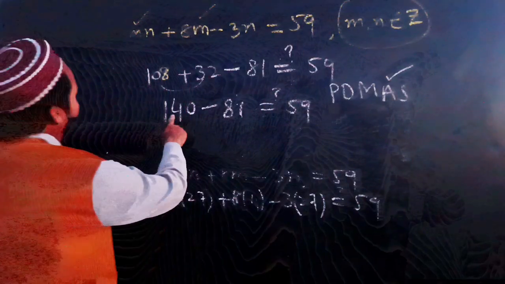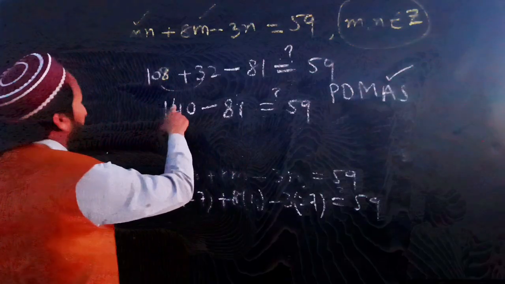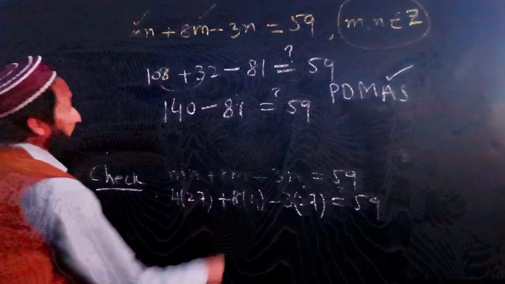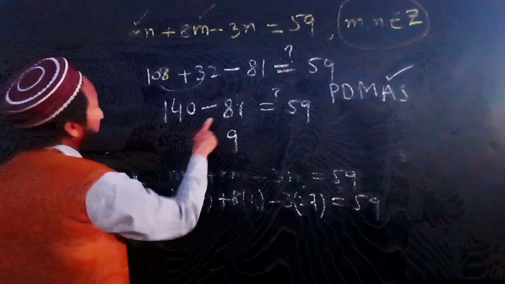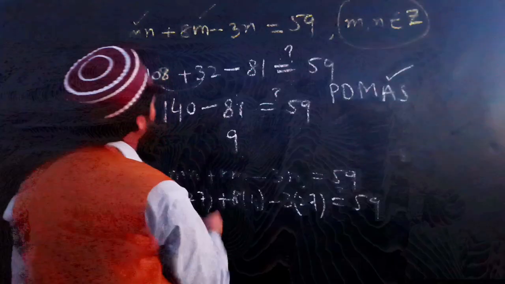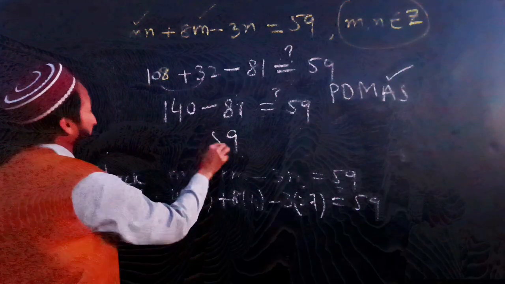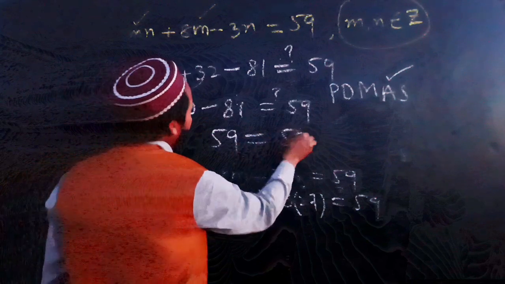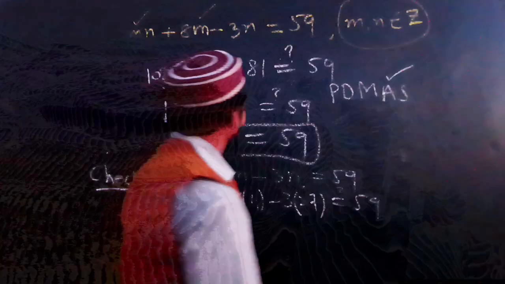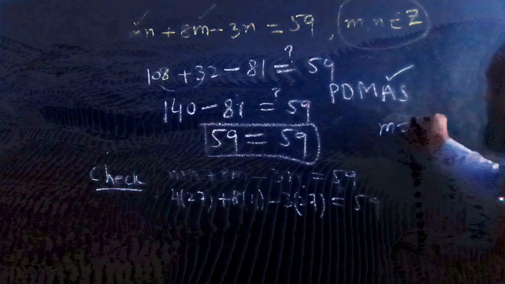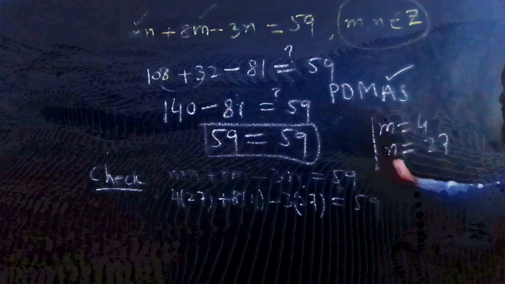If we subtract this result, 0 cannot be subtracted here, so we carry from here, 10 minus 1 we get 9, and here 13 minus 8 we get 5, so we get 59. It means that our solution is correct. m is equal to 4 and n is equal to 27 is our answer.